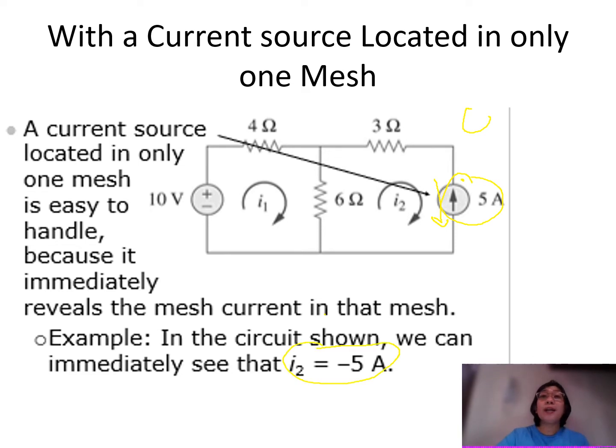Because of their direction. What if they have the same direction? For example, if your current source is also flowing in this manner, just like our mesh current number 2, then I2 is equal to +5. It becomes negative here because mesh current number 2 flows in the opposite direction to our current source.